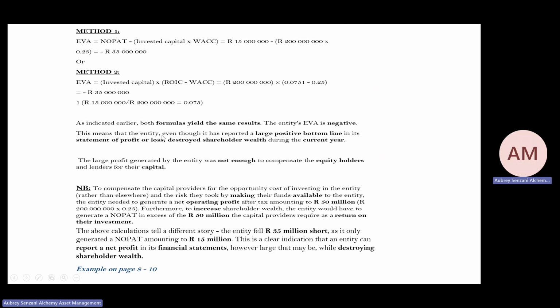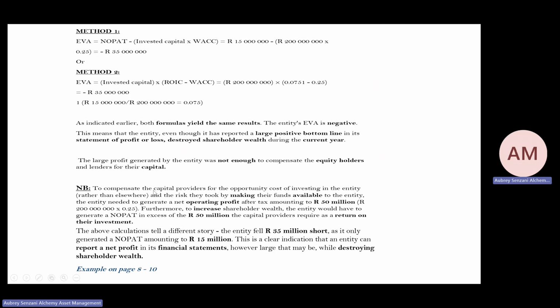This means that the entity, even though it has reported a large positive bottom line in its statement of profit and loss, in other words, from an accounting perspective, it has shown a large profit, however, it is destroying shareholder wealth, because we've got a negative EVA.